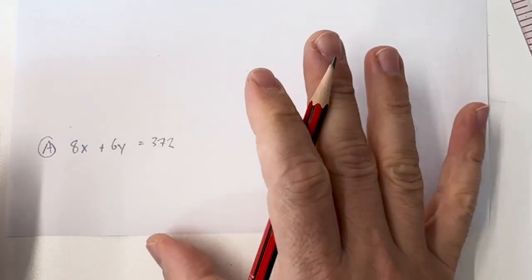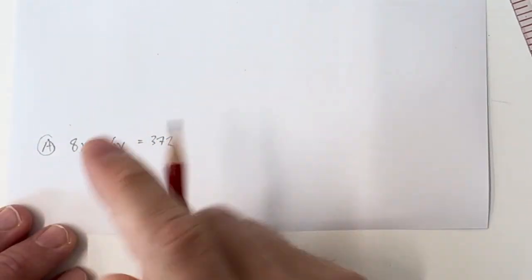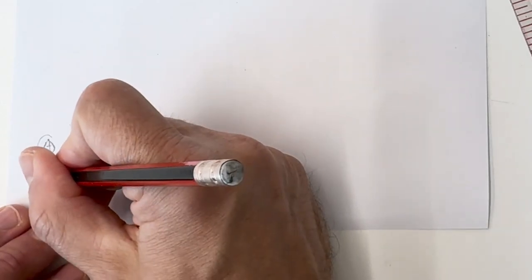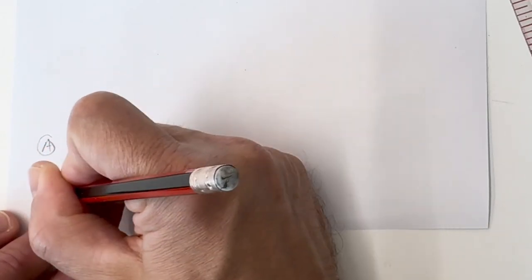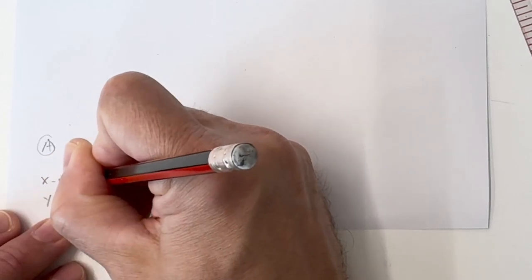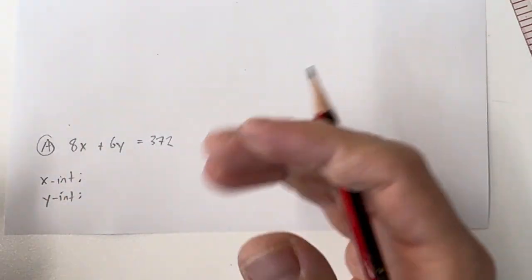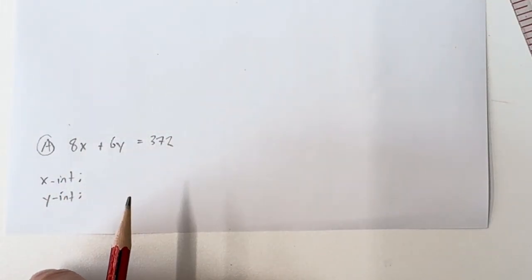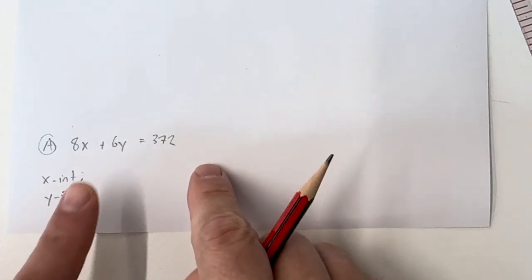I'm gonna take a second here and just try to find my x-intercept and my y-intercept, okay? The reason I'm doing this is I'm trying to think of the size of my graph, and this will kind of help me here. So again, remember when I find my x-intercept, I make y 0, right?